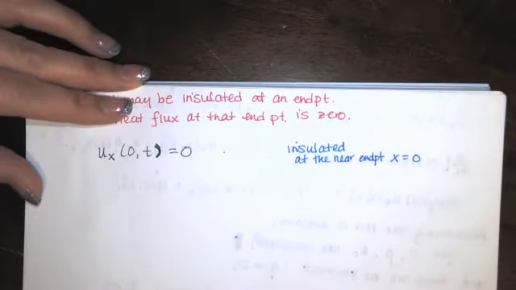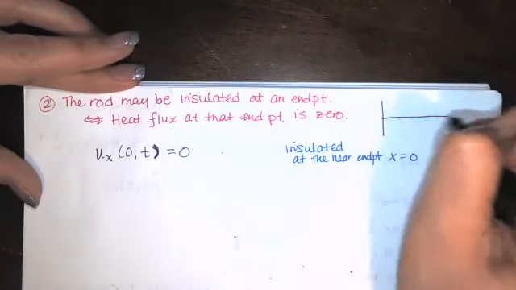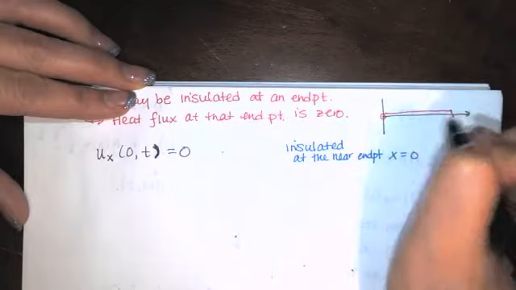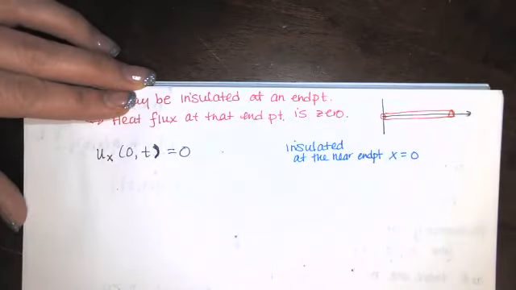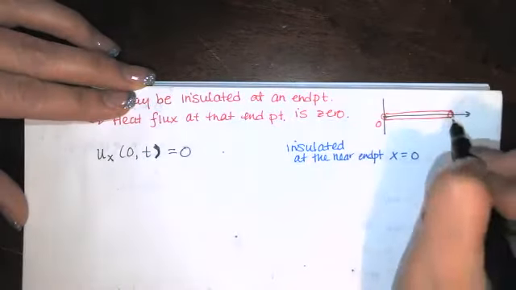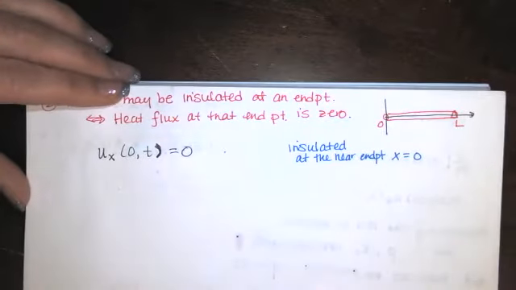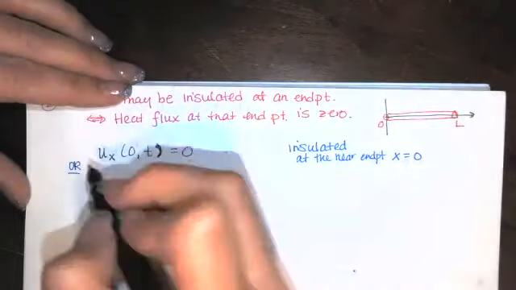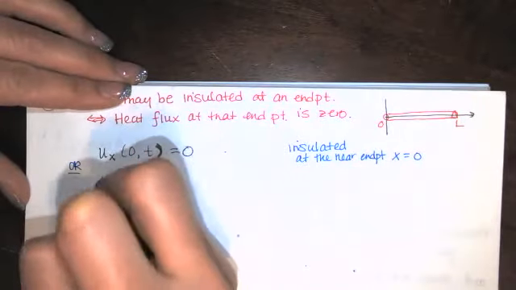And I really want you to keep this visual in mind. There's an actual rod there. We're talking about it being insulated over here at x equals 0, or maybe it's insulated at x equals L at the other side.